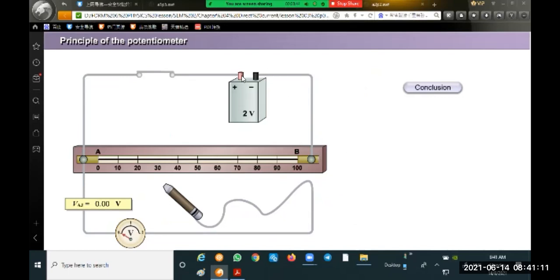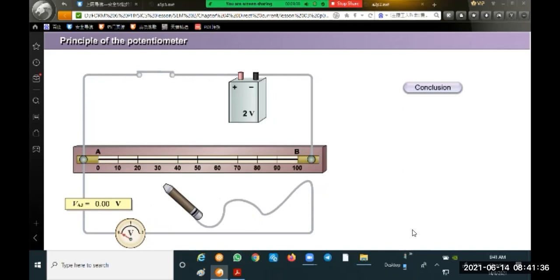Current flows out from the positive terminal along the wire, passes through the switch, goes to the wire at point A and along the wire until point B and back to the negative terminal.